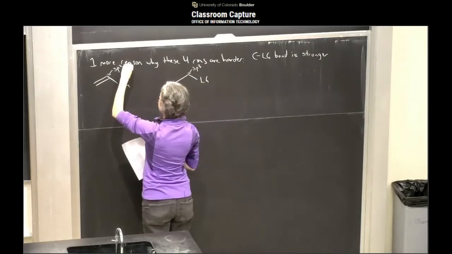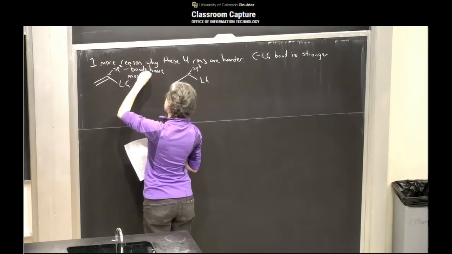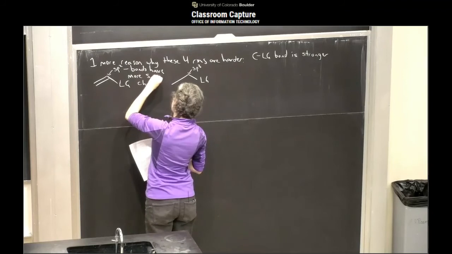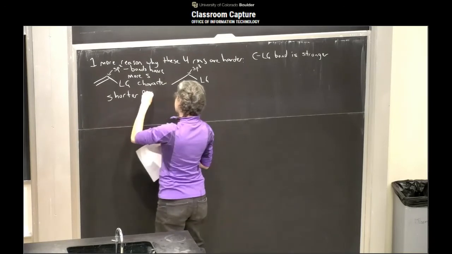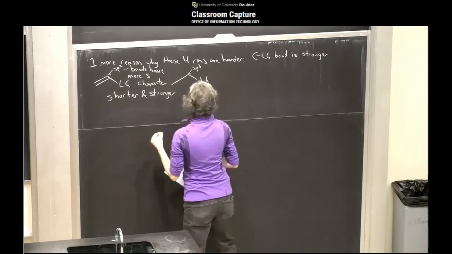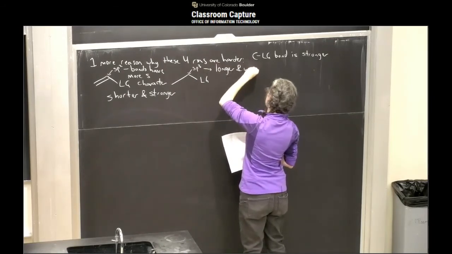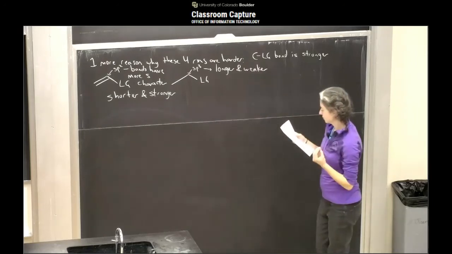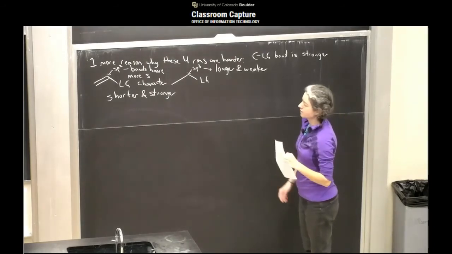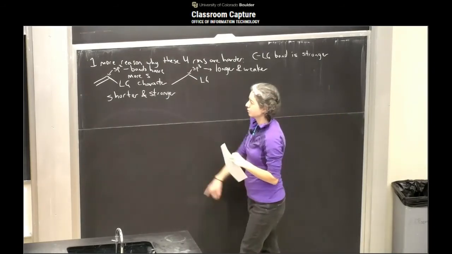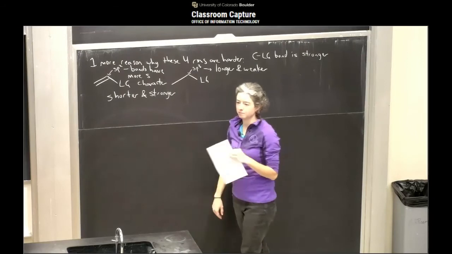So sp2, all of its bonds have more s character, so they're shorter and stronger. Whereas here, they have less s character, so they're slightly longer and weaker. Okay, so not only does the rest of the reaction have more problems, depending on which reaction it is, but also just getting the leaving group off in the first place is a little trickier too.